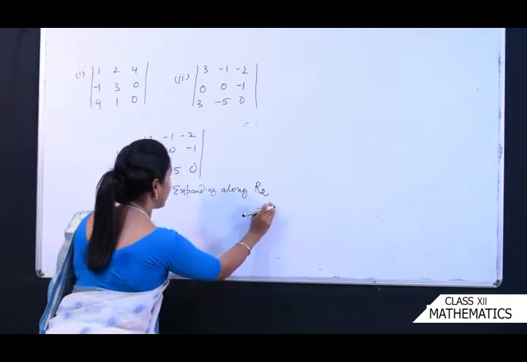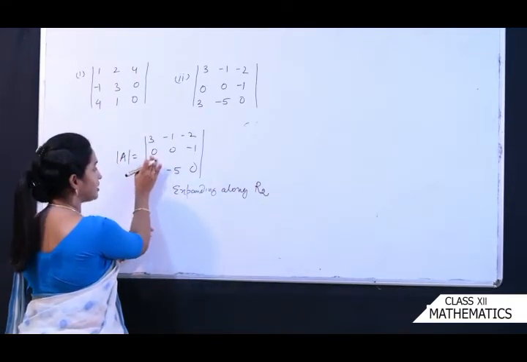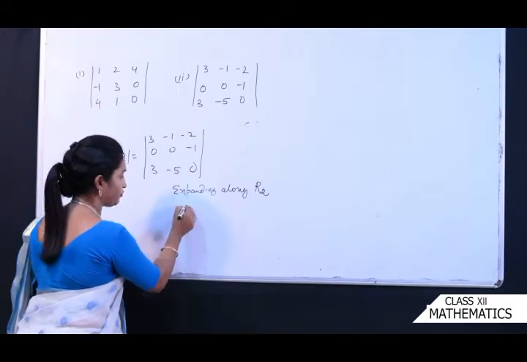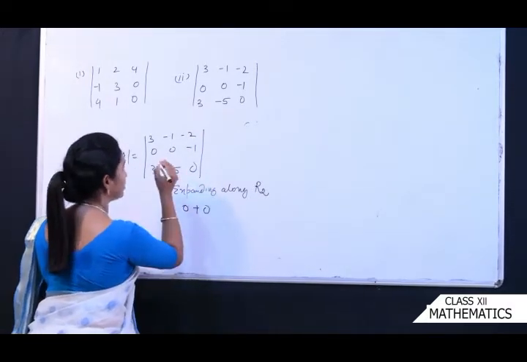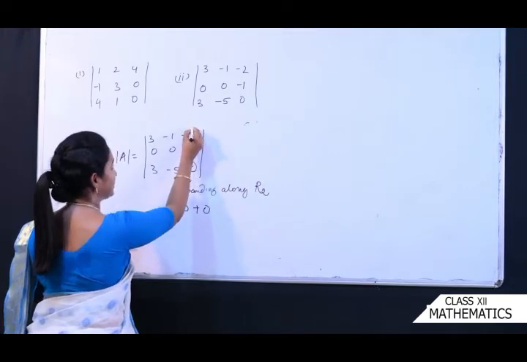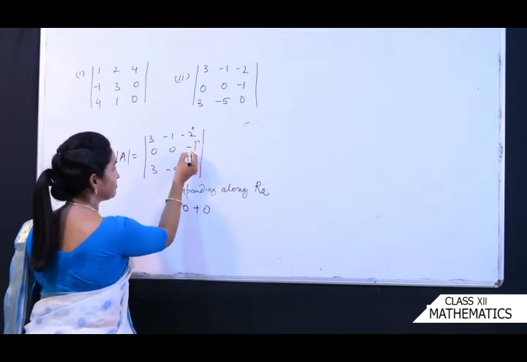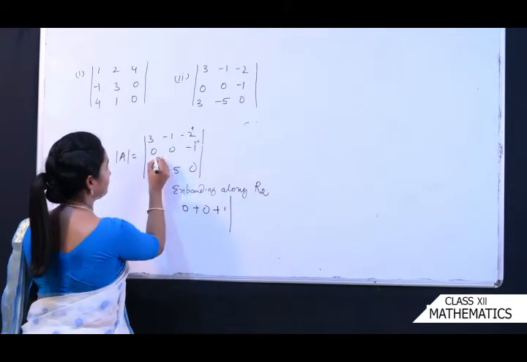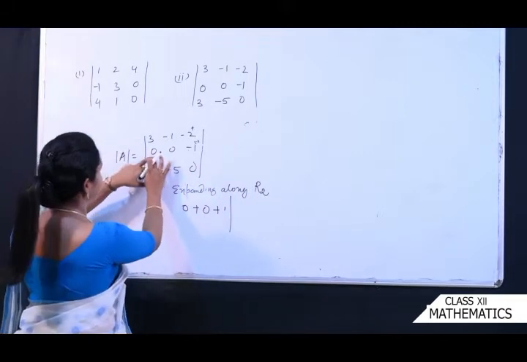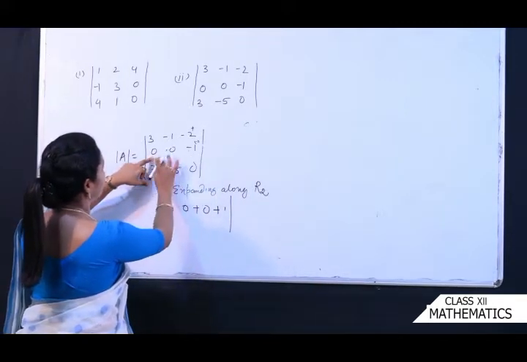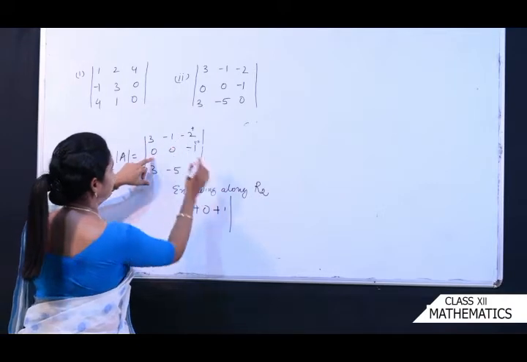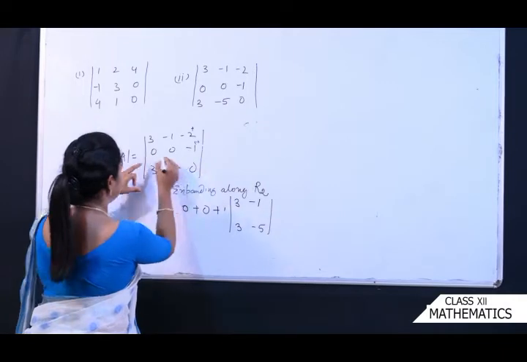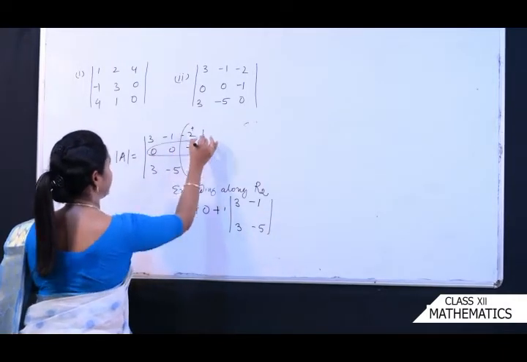When you expand along R2, you observe that this is 0, and 0 multiplied by any other number will be 0. So the first is 0, and the second is also 0. From the third, if this is plus then this will be minus, so minus and minus will become plus. So it is plus 1 into, what do you get again? Look carefully, when you expand along R2, this goes and this goes. So you get 3 -1 and 3 -5, this one and this one.